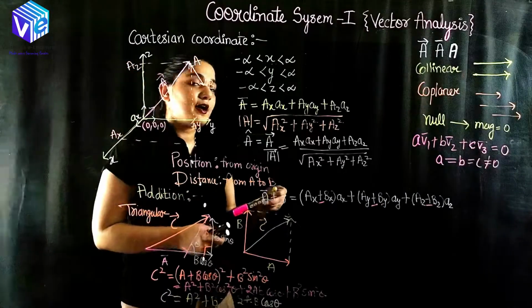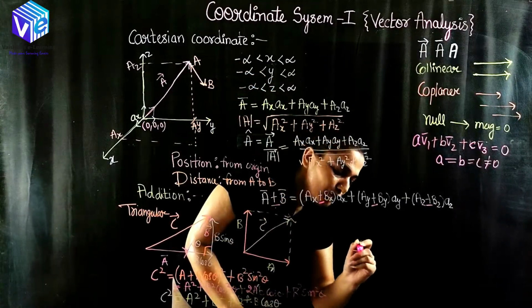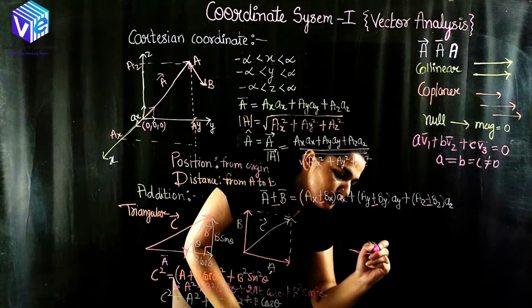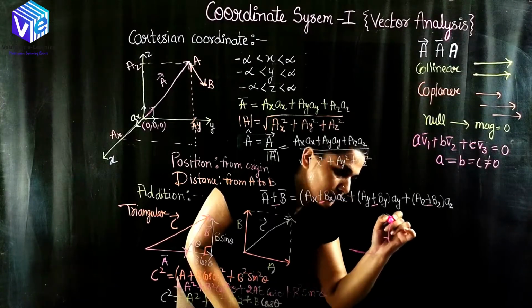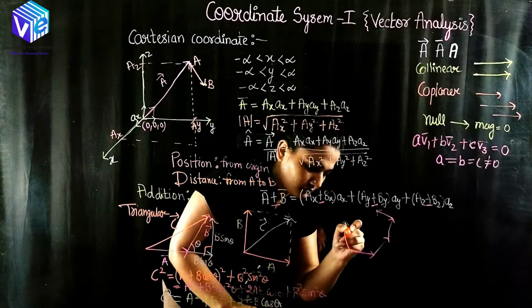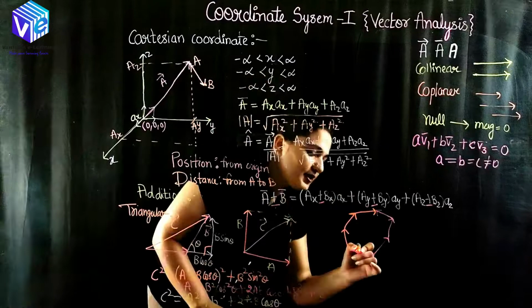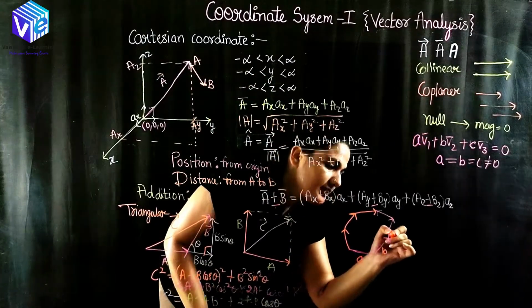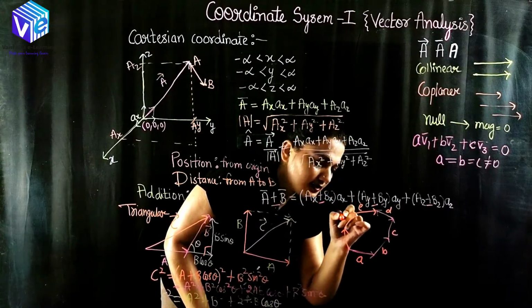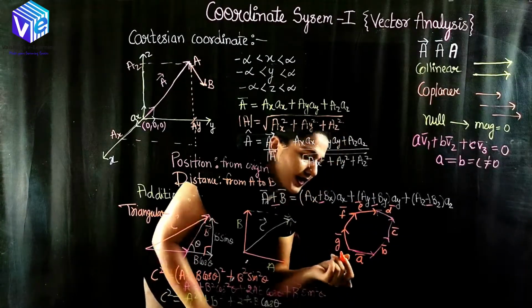Now coming to the polygonal law of vector addition. So here if I have more than two vectors, in this case I have many vectors. So this is A, B, C, D, E, F, G. Okay, so all are vectors.